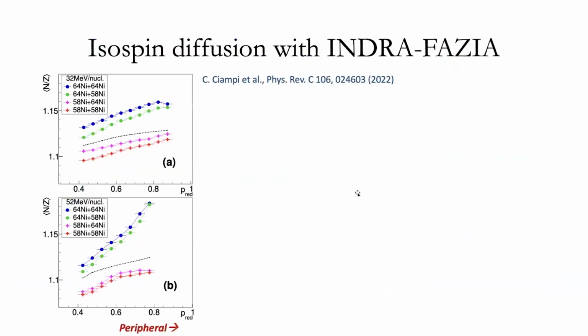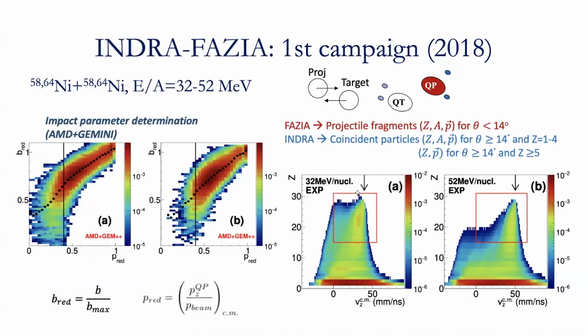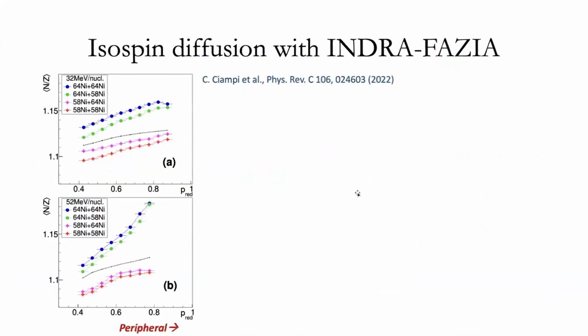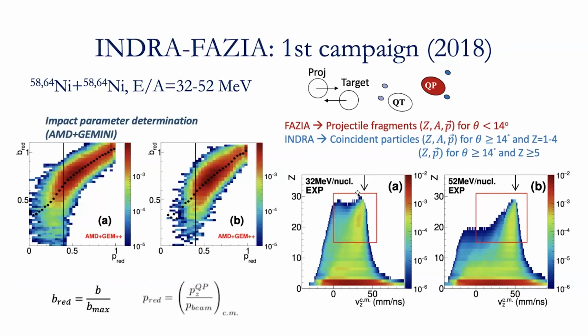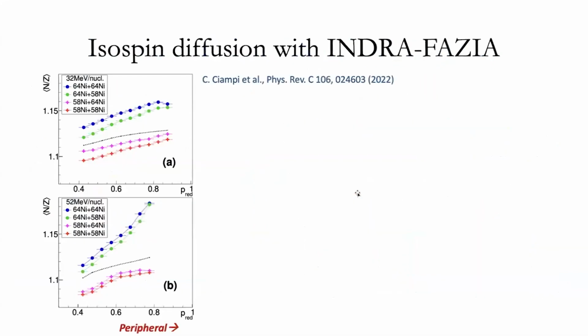Now, as I said before, you want to measure the N over Z of this fragment, here as a function of impact parameter. Large P red values correspond to large impact parameter. If you are in peripheral collisions for different reactions, you can measure the average N over Z of this fragment after the collision, and you see different distributions at 32 MeV per nucleon and at 52 MeV per nucleon.